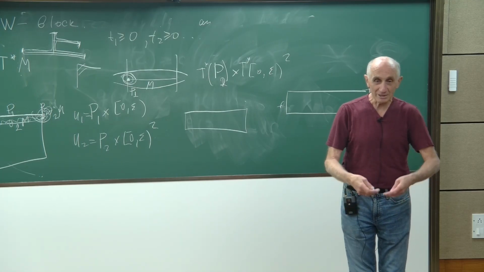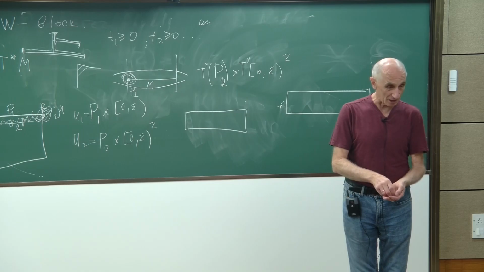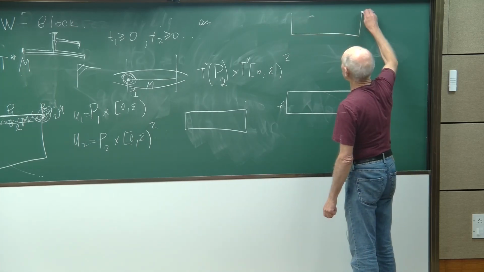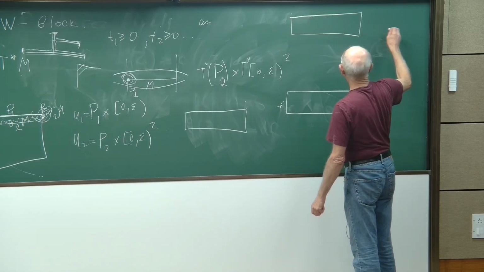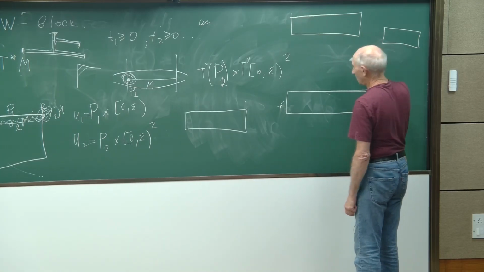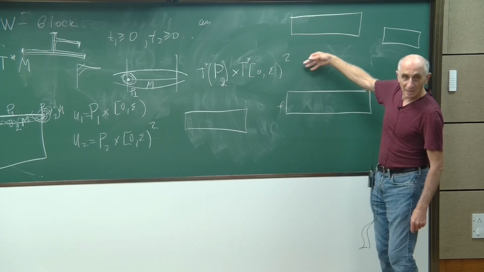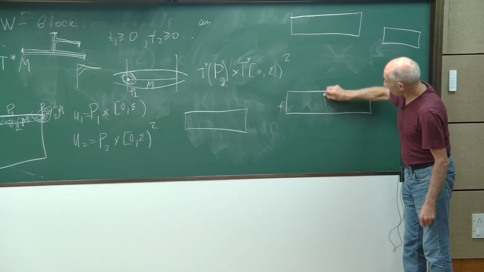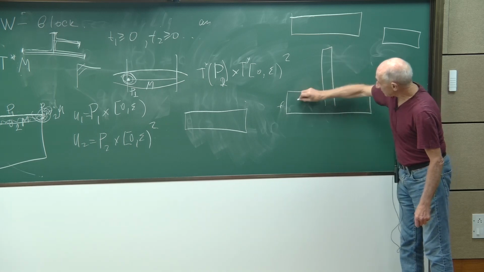A W building is a kind of Lego construction. So suppose you have many W blocks, and out of these W blocks you can make a W building by just piecing them together like this.